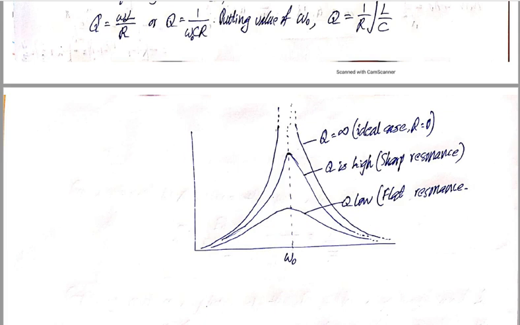High quality factor circuits are suitable for selecting a particular frequency, so their selection ability is very high. In radio receivers, inside the tuner of the radio, we use the LCR circuit with a high quality factor, of the order of 10 or above, so they can select a particular frequency. Thank you for watching this.